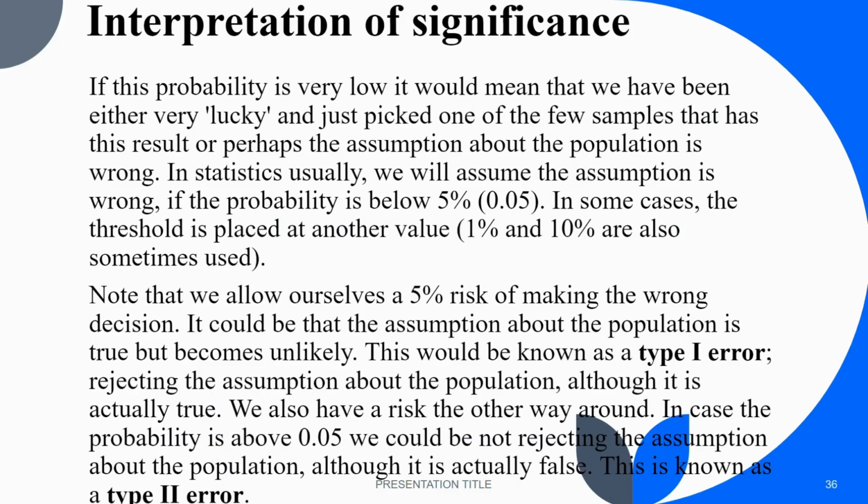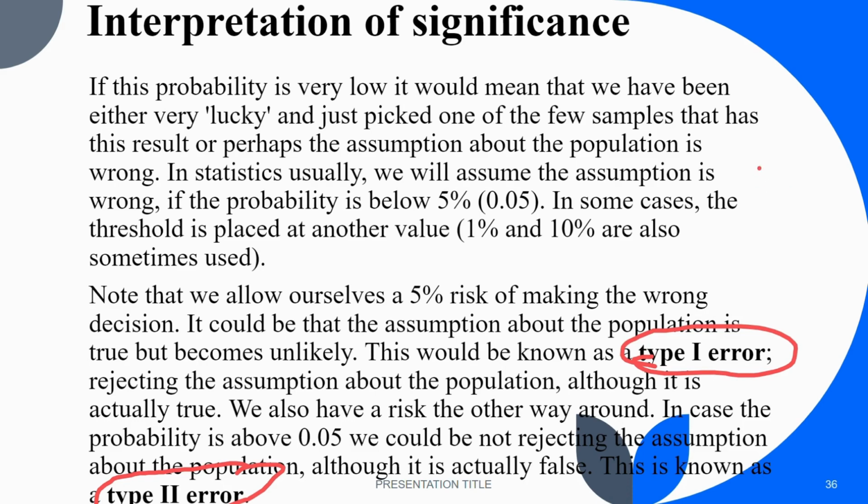As I was talking about type 1 error and type 2 error, type 1 error, as I said, is the risk that the null hypothesis is rejected incorrectly.